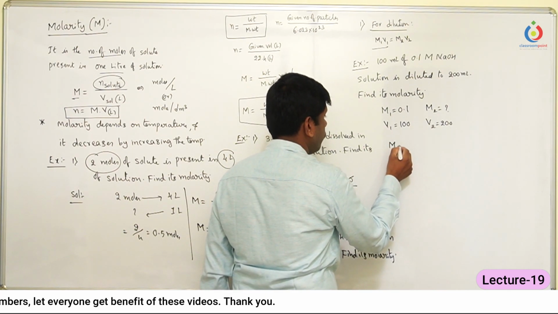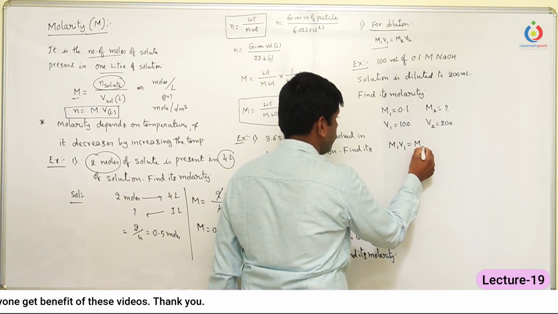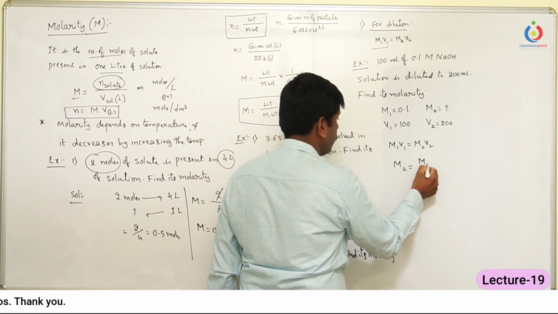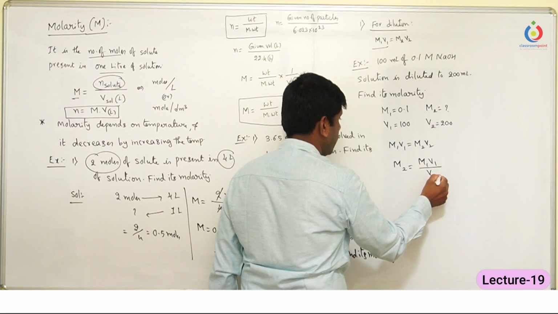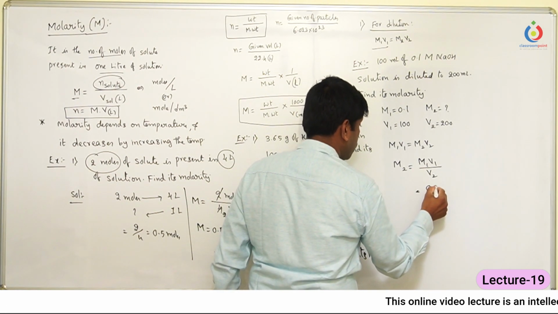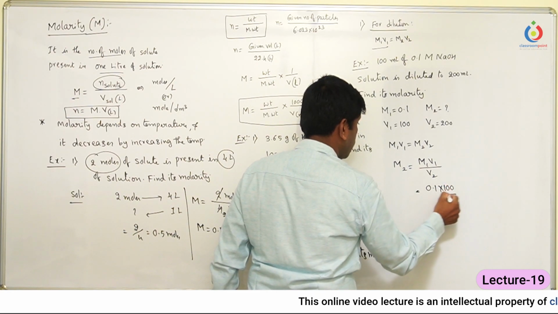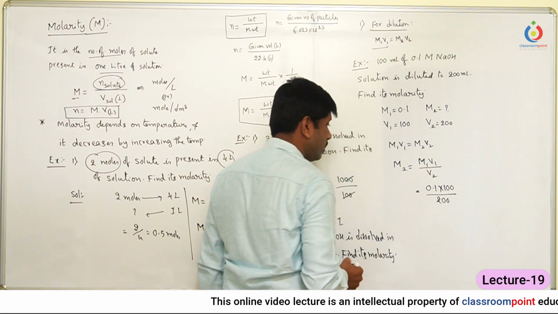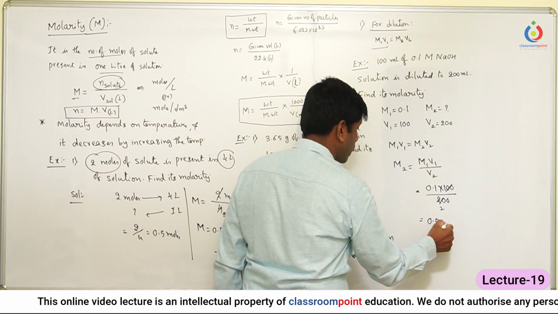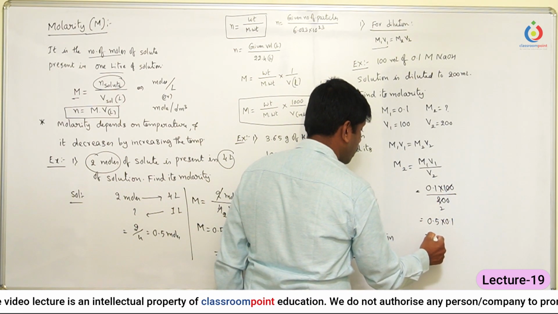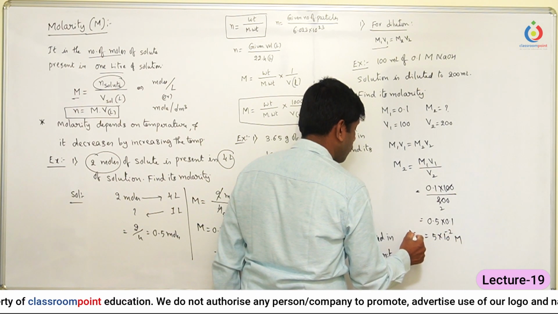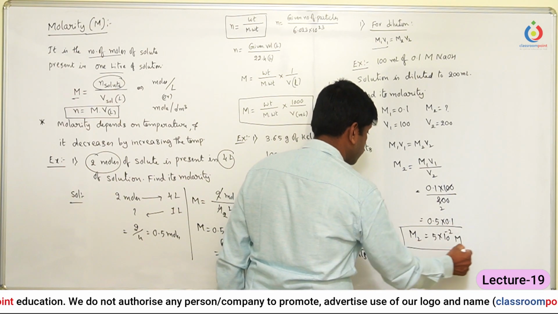M1 V1 is equal to M2 V2, so M2 is equal to M1 V1 divided by V2. That is 0.1 into 100 divided by 200. It goes 2 times, so 0.5 into 0.1, that is 5 into 10 power minus 2 M, the final molarity of the solution.